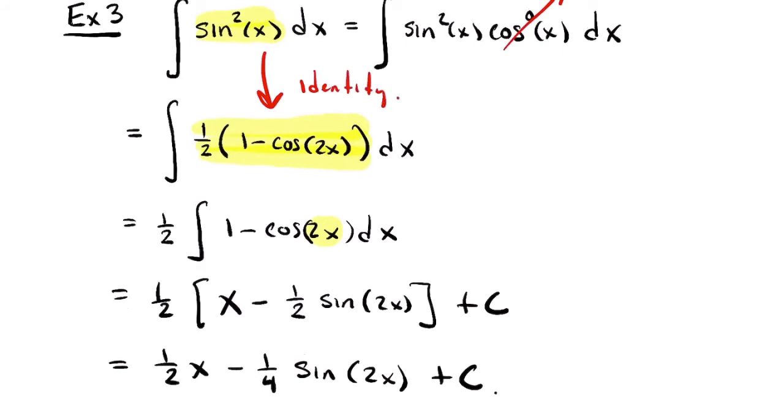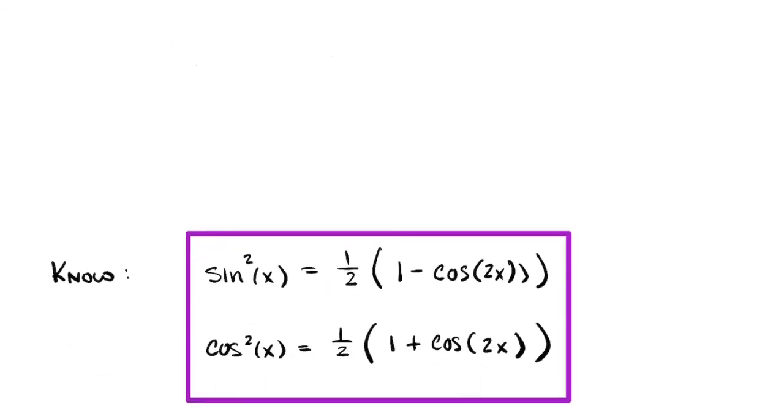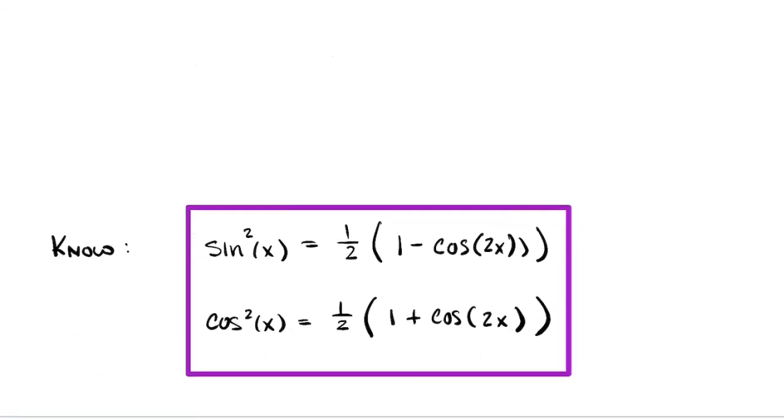Okay, I've got those identities written down here. I'm going to scroll down and show them to you. It's important to know these things. That sine squared is 1/2 times 1 minus cosine of 2x. Cosine squared is 1/2 times 1 plus cosine 2x. These things are important to know because it's how we integrate sine squared and cosine squared.